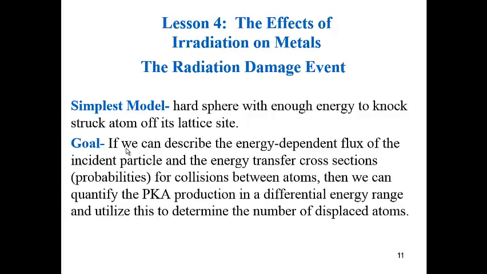So the goal is pretty simple. Actually explaining what happens from a physics standpoint is not so simple, and certainly the math is not simple. So we're going to look at some of that. I just want you to be aware that these treatments exist. If you're interested, you can dig into it. We're not going to spend a lot of time on this.